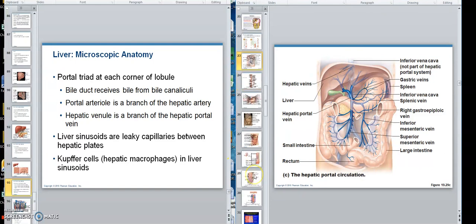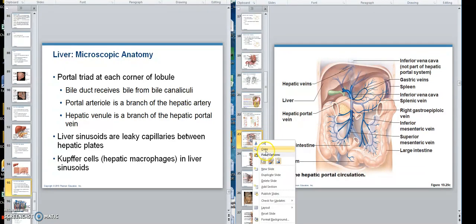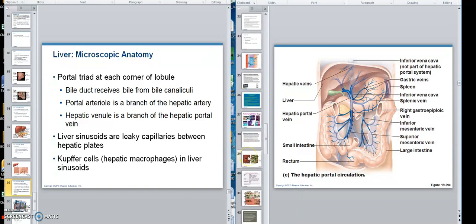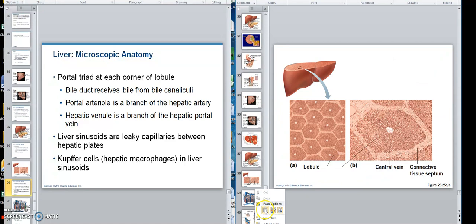So we go back real quick. Where's that picture again? I'm going to take that picture, copy it, and put it close down here so you can now see what I'm talking about. Place it right there.